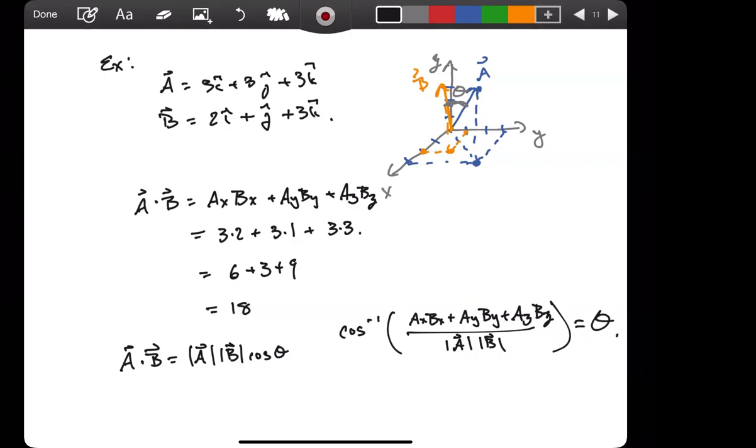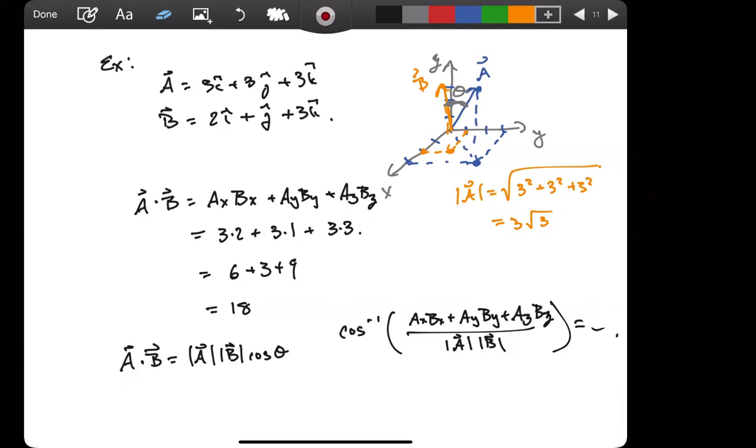We've already done the first part, so let's go ahead and find the magnitude of A and the magnitude of B. The magnitude of A is just going to be the square root of, by Pythagorean theorem, 3 squared plus 3 squared plus 3 squared, which is the same thing as 3 times the square root of 3. That's okay? Hopefully? Good.